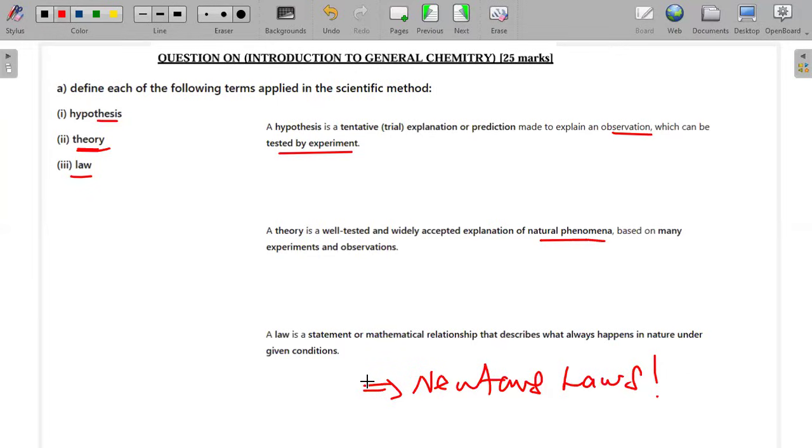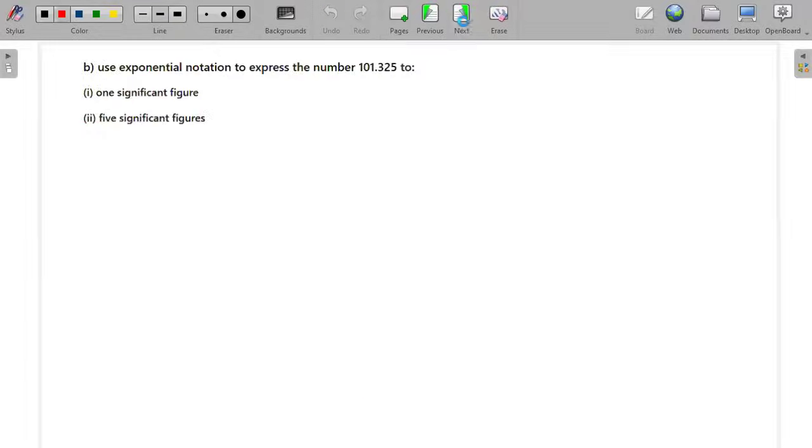I'm sure you learned about them in secondary school, right? We have the first law, the second, and the third law. Here at the university level, you're going to learn them in detail, and it's going to be very interesting as you learn these laws. All right, so that is question A. Question A, we are done.